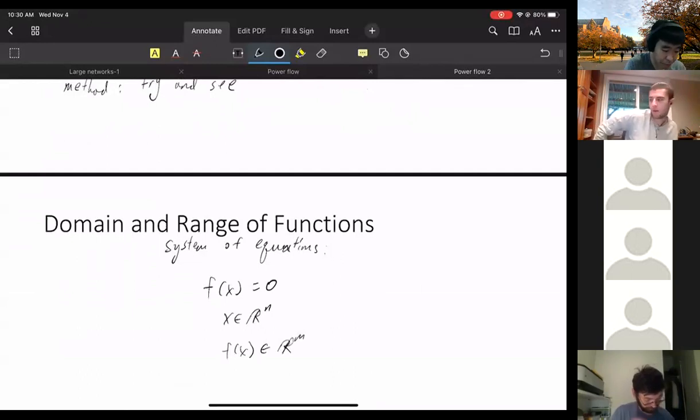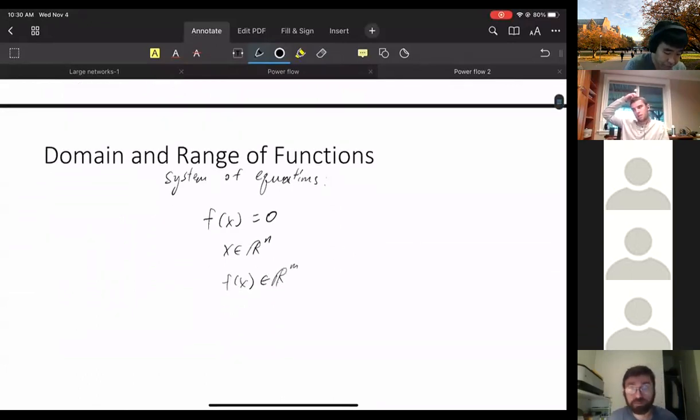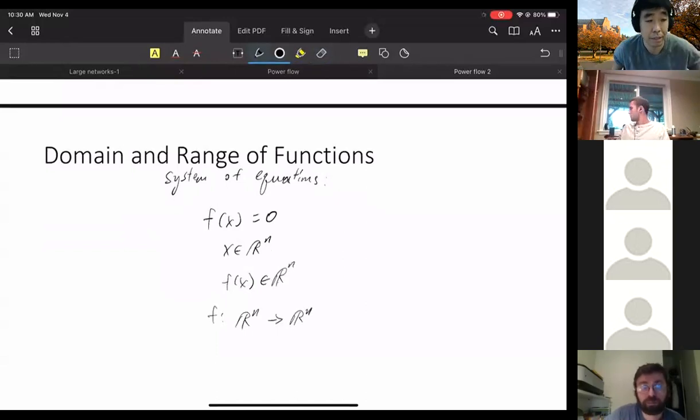Okay, so when we have a system of equations, we mean we're mapping. So the map is, let's say, n by m. So let's say n by n for simplicity. So f maps R^n to R^n. Okay, so when we have a system, we mean that all the equations are 0 at the same time. So that's the solution condition we have.